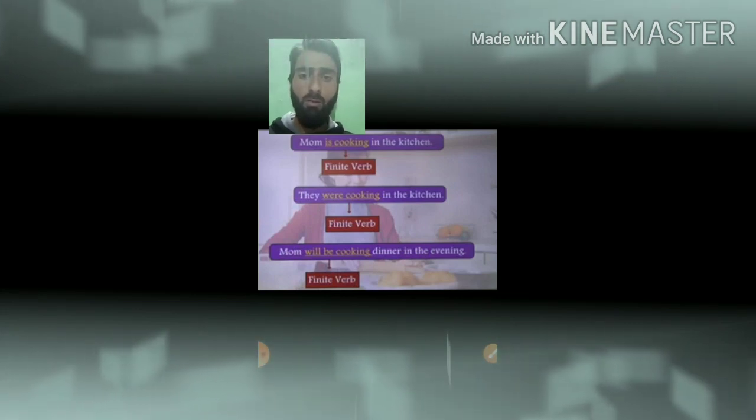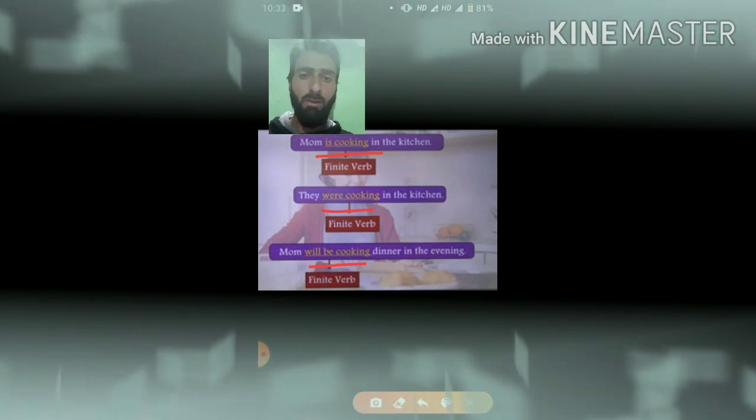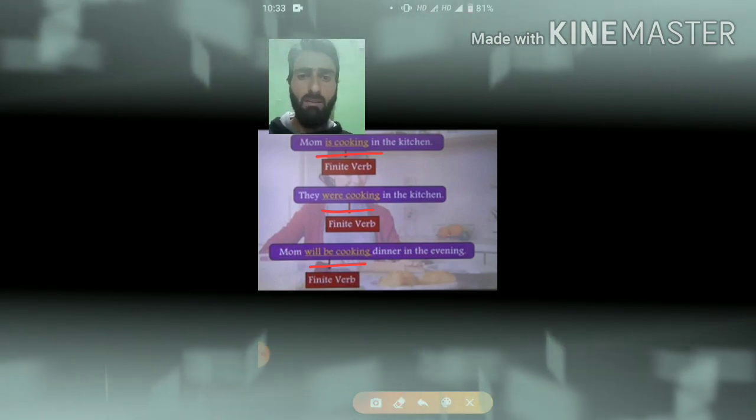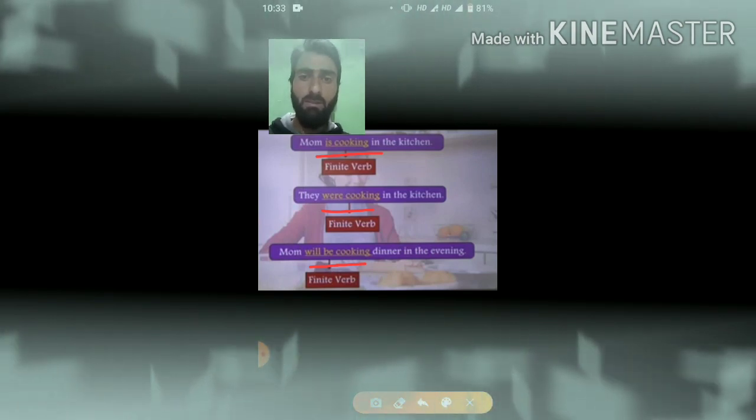Similarly, in all these three sentences, you can see here mom is cooking, they were cooking, mom will be cooking. Here is just one difference, that is the time when an action has taken place.